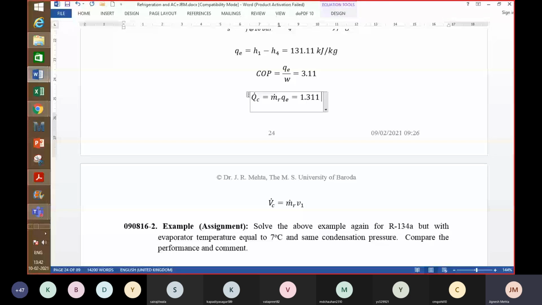1.311 kilowatt is the capacity or cooling rate provided by this system. So it's a small system, not a very big system, right? If you want to convert it into tons of refrigeration, then 1 ton of refrigeration is around 3.52 kilowatt.